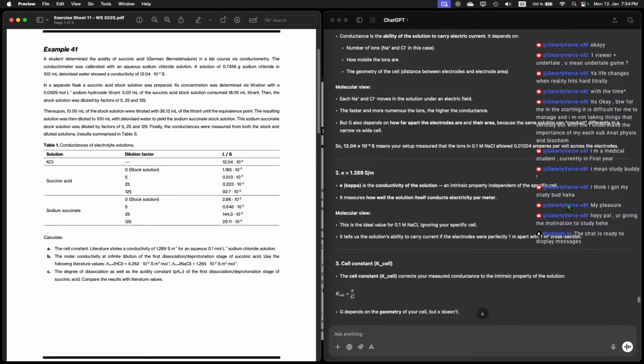It tells you the solution's ability to carry current if the electrodes were perfectly 1 meter apart with a 1 square meter cross section.